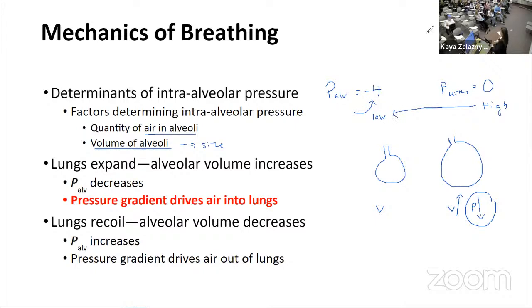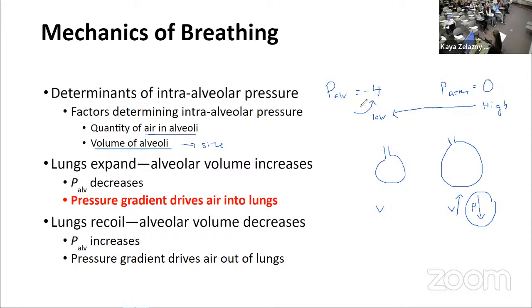That's what we mean when we say we have a pressure gradient driving air into the lungs: when we compare those two numbers, we have a difference in pressure, and air is going to move towards wherever there is lower pressure. So by expanding the lungs and the alveoli, dropping their pressure down, we are able to move air into the lung. That's how we start out when we breathe in.